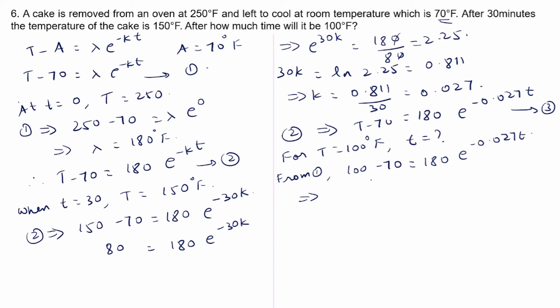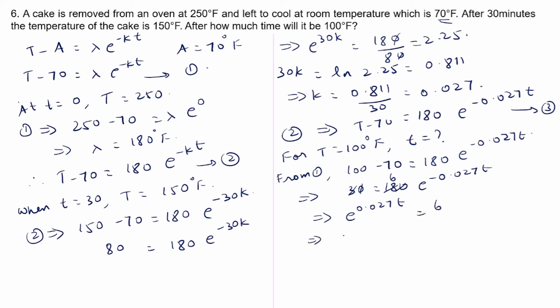Or we have 30 is equal to 180 into e raised to minus 0.027 t. So we have e raised to 0.027 t is equal to 6.